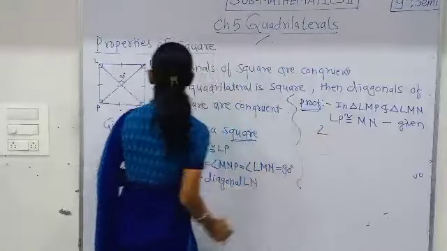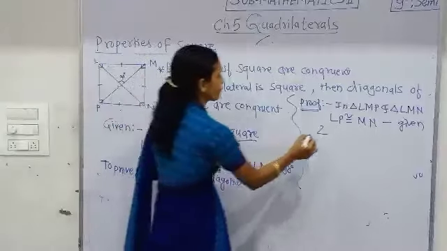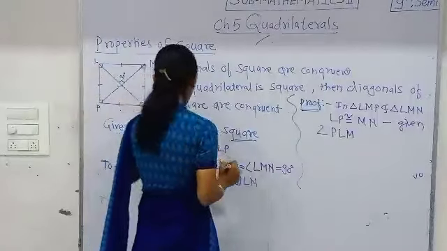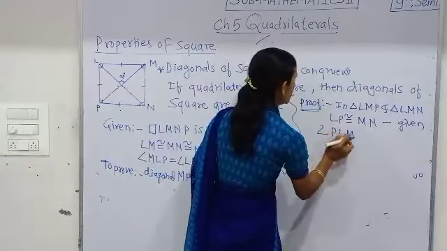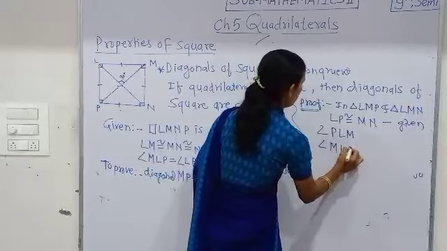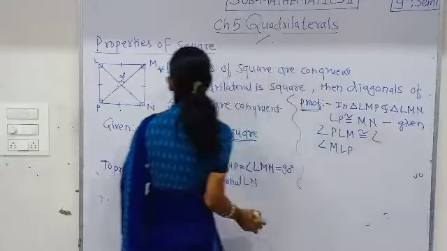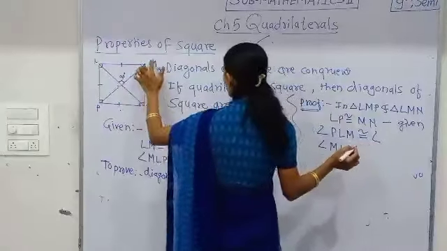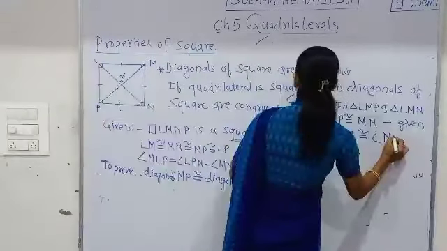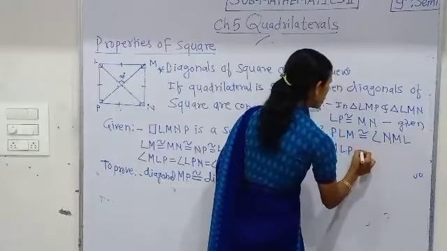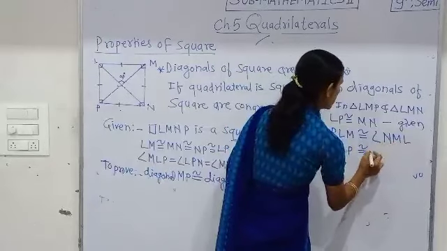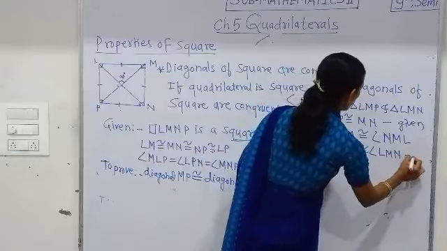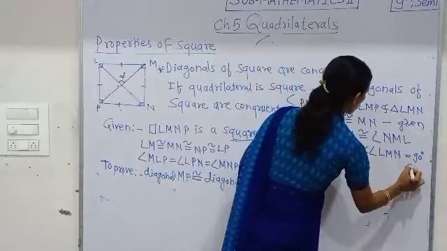As well as angle PLM, or angle MLP, is congruent to angle LMN, or NML, that is, each is 90 degrees, which is also given.